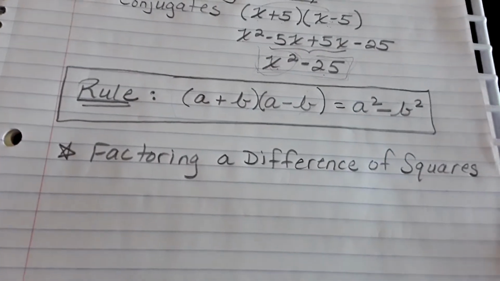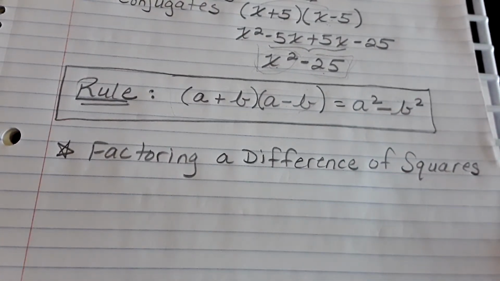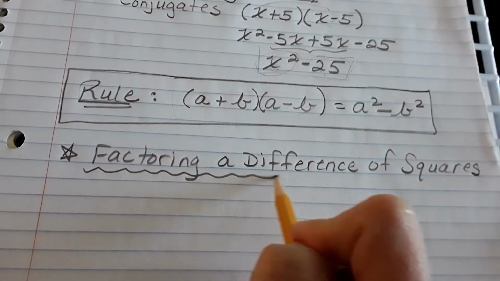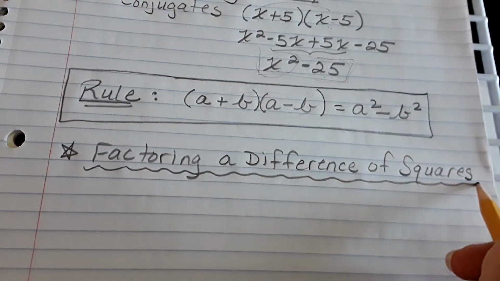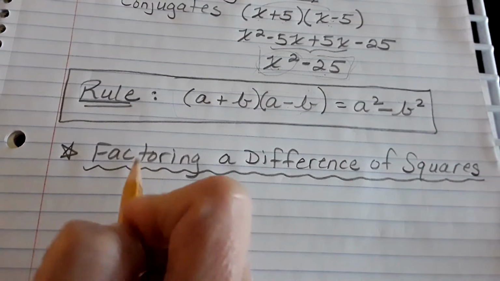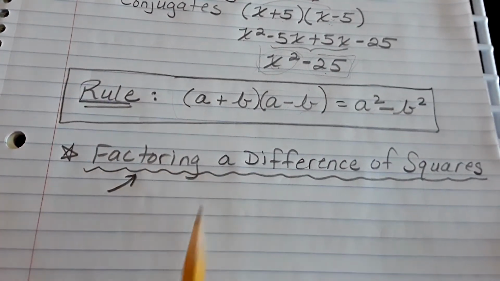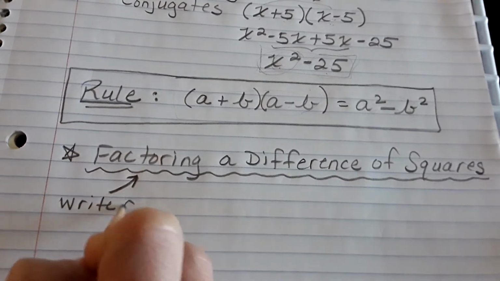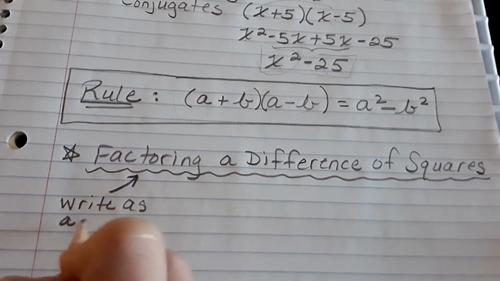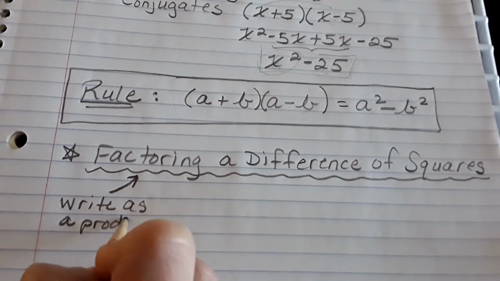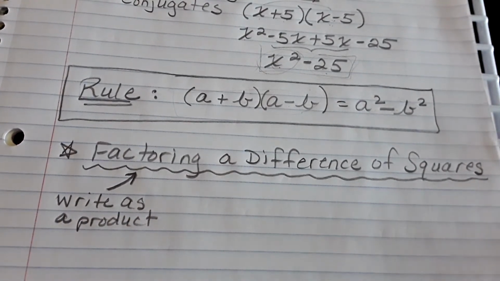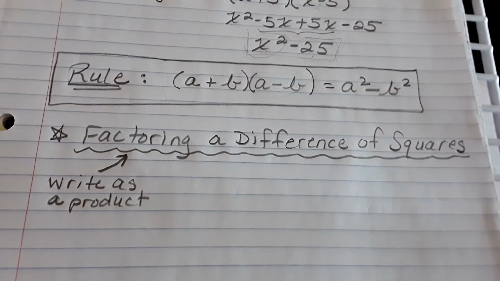So you all are learning the special factoring, the ones that have a shortcut. Remember, factoring means write it as a product. When you factor something, you want to write it as a product.